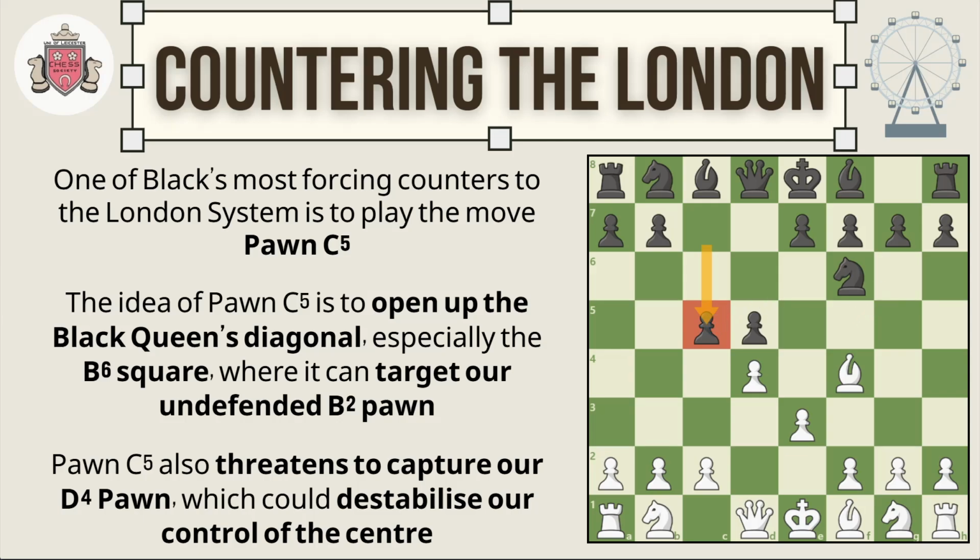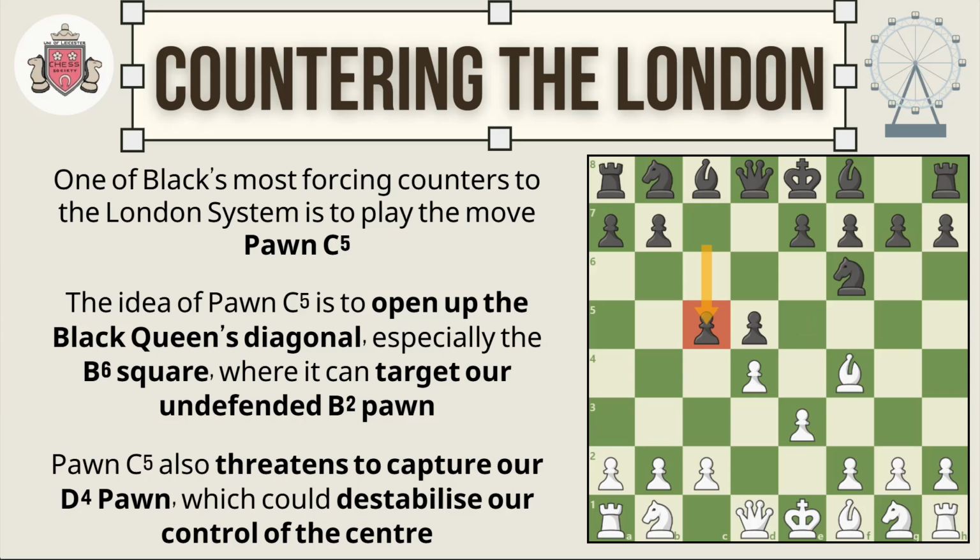Remember that we're trying to control the center. By playing c5, it's essentially saying, if we take this pawn, we surrender our grasp of the center. The whole point of the London was to control this e5 square, so if we take this, we're giving up control of the center.